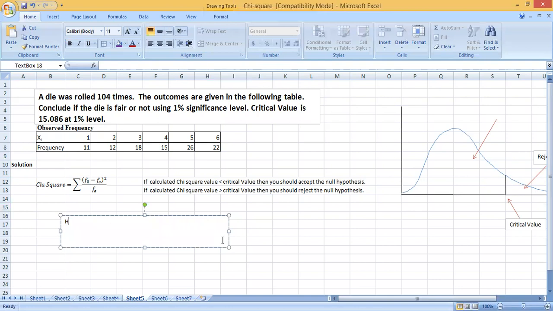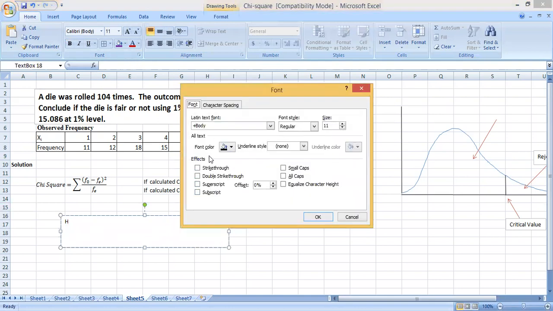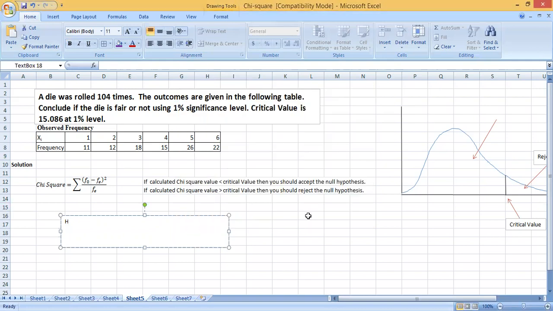Here I am writing the null hypothesis H0: the die is fair. This is the null hypothesis. Okay.